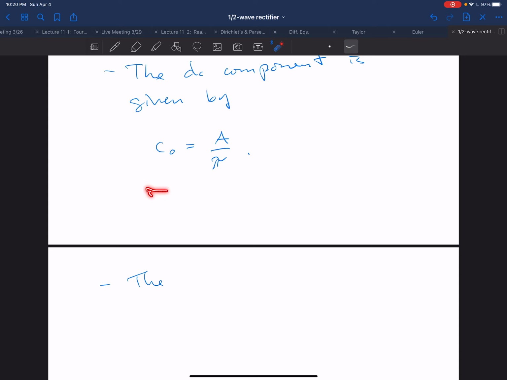So the one whose frequency is closest to 0 is the fundamental component. So the component at the frequency of the input is given by our C1 and C minus 1 coefficients.